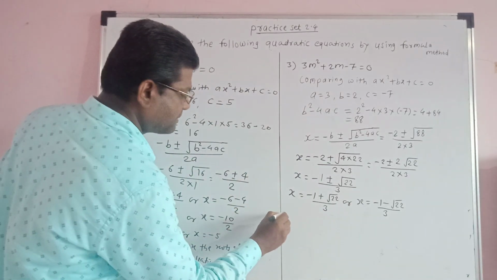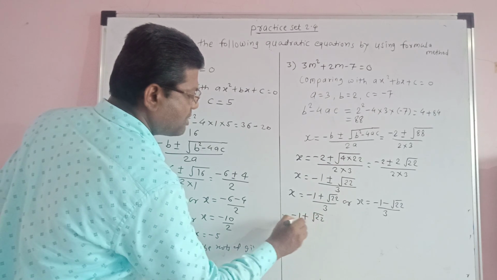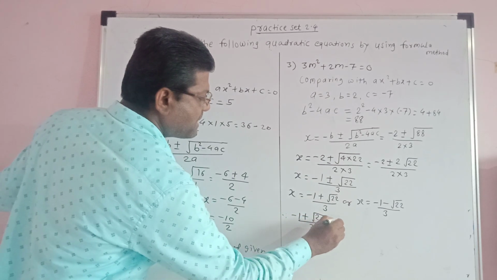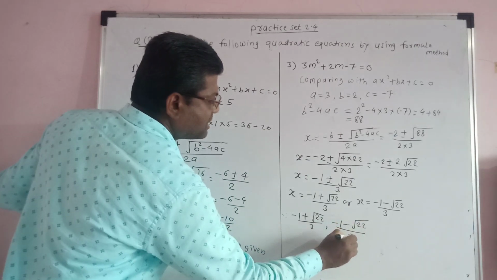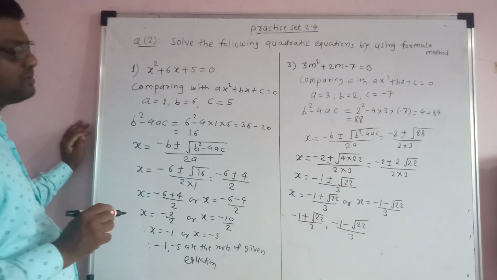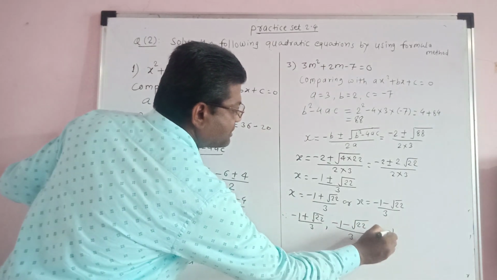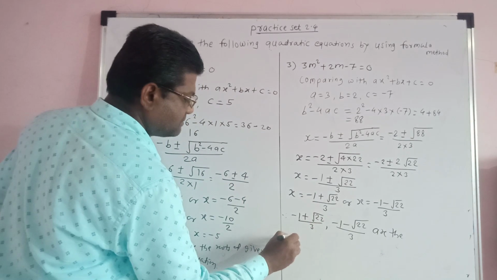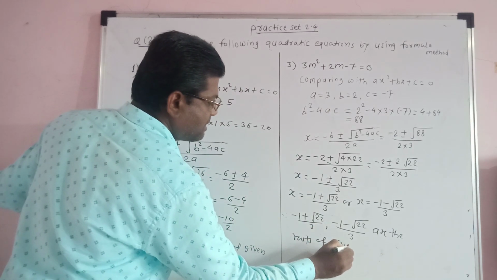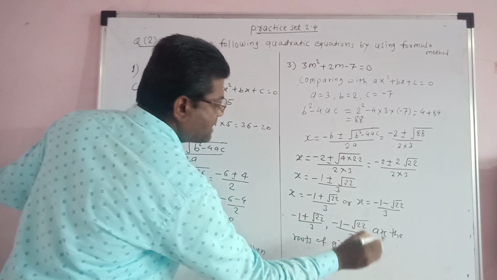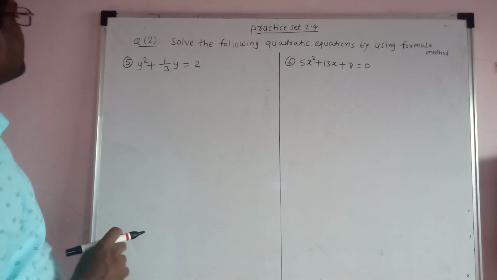Therefore minus 1 plus in square root 22 upon 3 comma minus 1 minus in square root 22 upon 3 are the roots of the given quadratic equation.